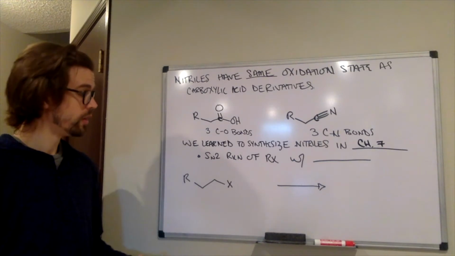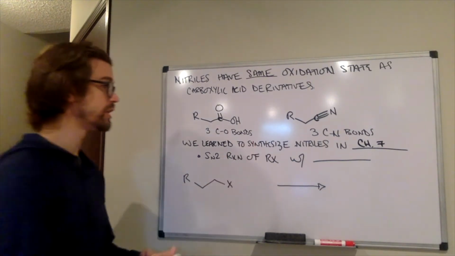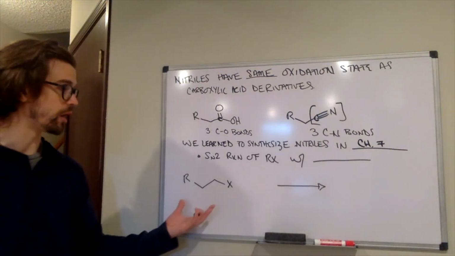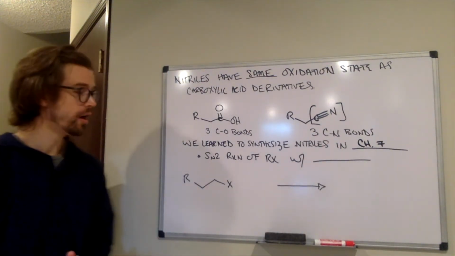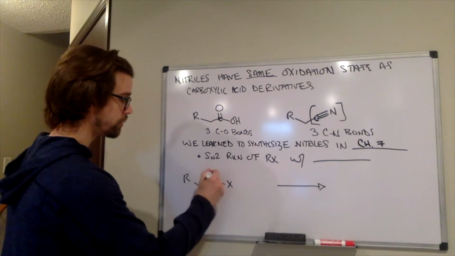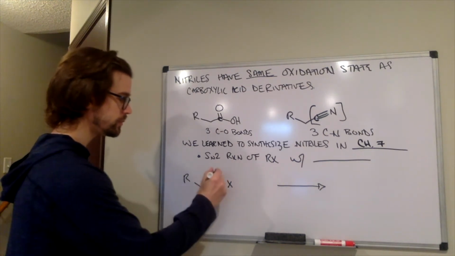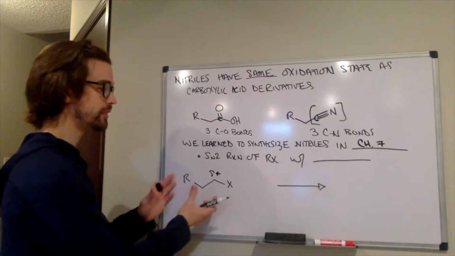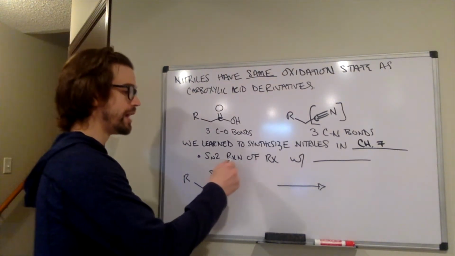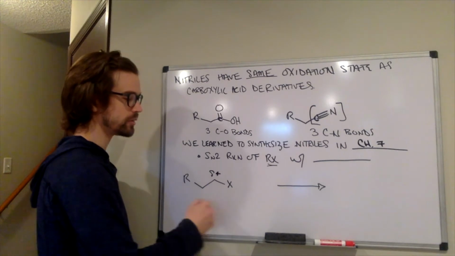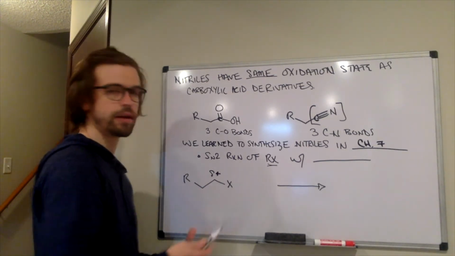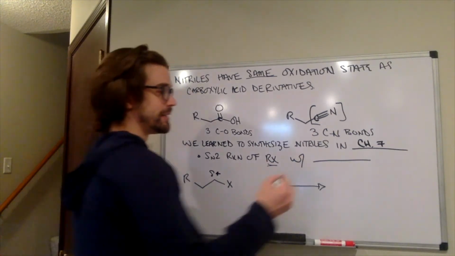And to make a nitrile, we're essentially adding this piece to a carbon skeleton. So how are we going to do that? Well, this is the partial positive, right? So we're essentially going to add a nucleophile to that. This is our electrophile. So we have an SN2 reaction of an alkyl halide. This could either be a chlorine, bromine, or iodine, with CN minus.